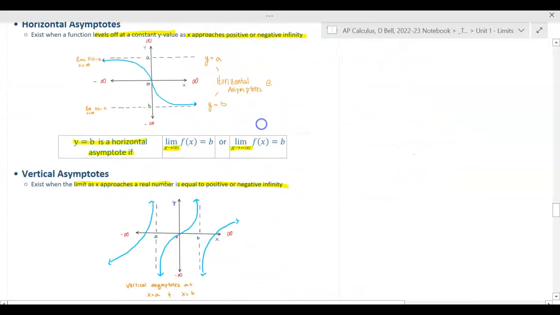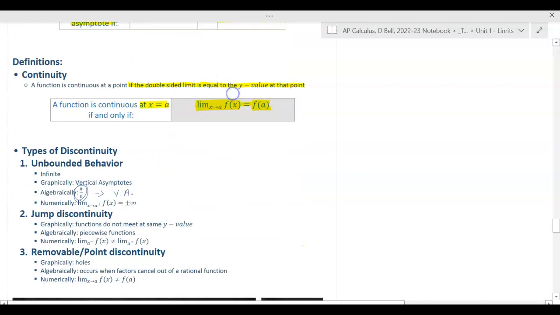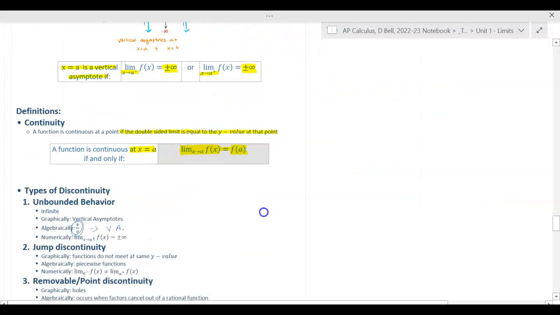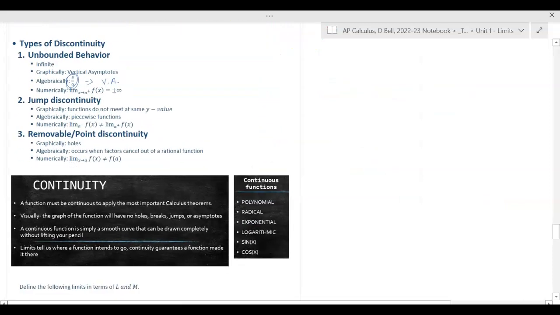And removable discontinuity, also called point discontinuity, graphically it looks like a hole. So if we have a function but there's a hole in it, even if it's replaced somewhere else, that's still a discontinuity.